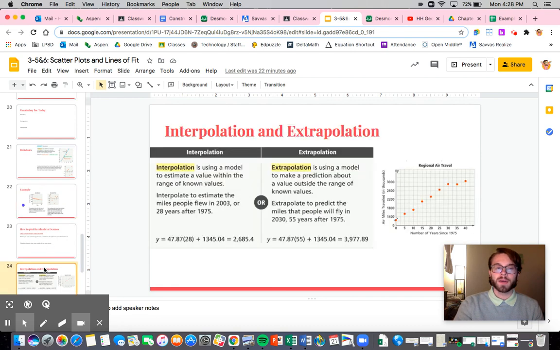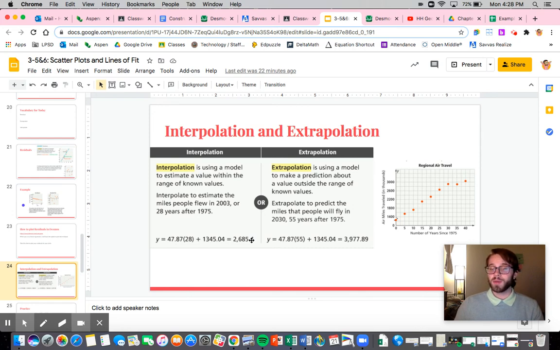We are finally going into what happens next, right? So we talked a little bit about forming and creating our line of best fit, how to do that on Desmos, but now you're probably asking yourself, why is this useful? Well, we kind of were hinting at it when we were talking about the residuals with the predicted value, right? So you might want to use this line to try and predict values.